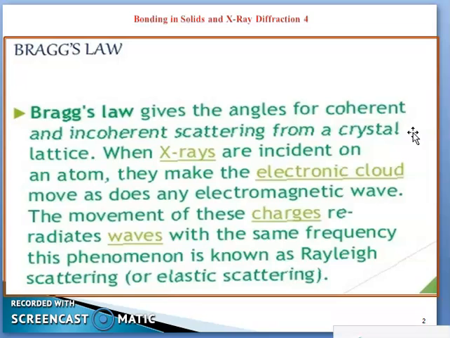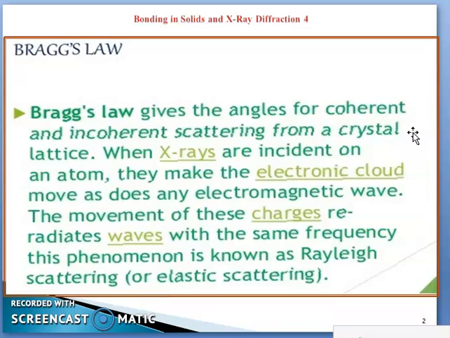Once more I will tell you, whenever X-rays are incident on an atom, these X-rays cause the electronic cloud to move as does any electromagnetic wave.